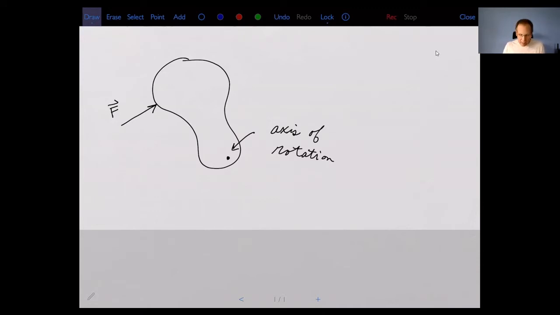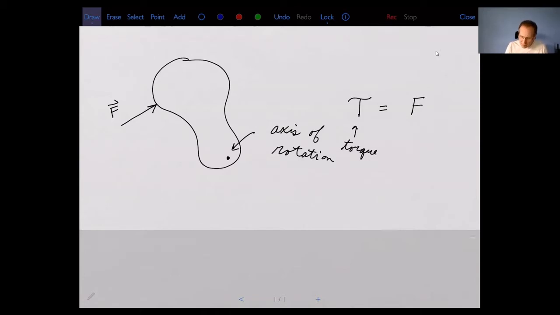Now, it turns out if you want to calculate the torque, which again is a quantity that represents the ability of that force to cause a rotation, it depends on several things. Usually we denote torque, by the way, by the Greek letter tau. So this is torque here. It depends on the magnitude of the force, so however many newtons that force is.